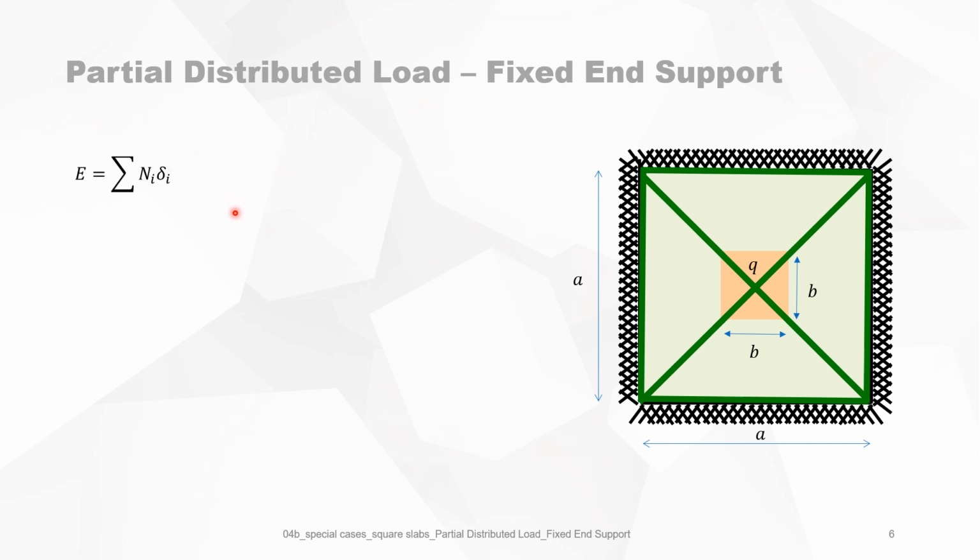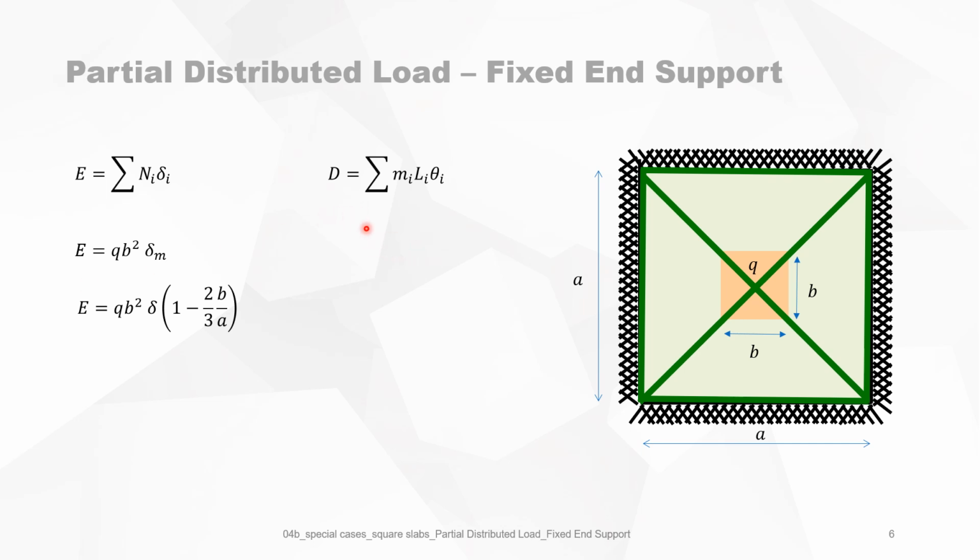Now let's look at the work done by the external forces. It's the summation, or the integral, of the loads with their deflection. So in our case, it is the total load multiplied by delta M, and we have calculated in the previous slide delta M, which is this expression.